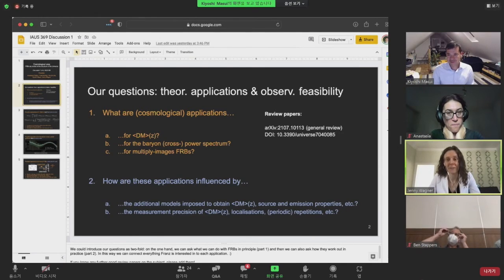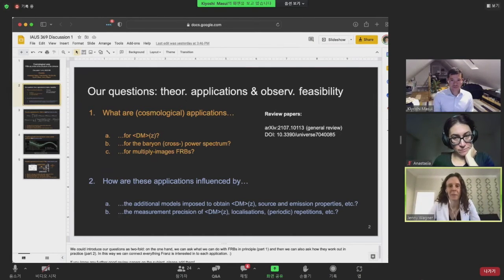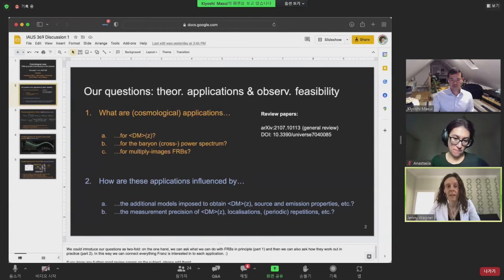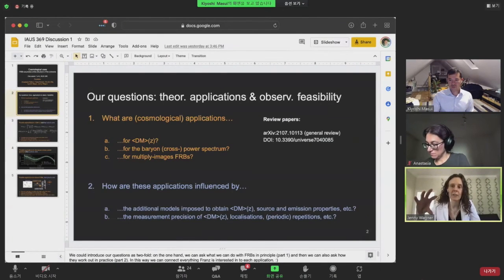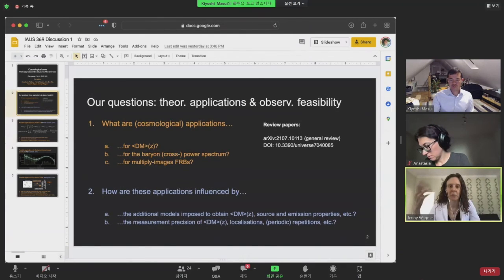We have to see what are feasible applications and how precise and accurate we can get with the different topics that we listed: for instance, the dispersion measure over redshift, the baryon cross power spectrum, and the multiply imaged FRBs. So we saw these three main applications of FRBs for cosmology. We would like to discuss in how far all these applications have systematic issues and also statistical issues that we should tackle in order to get the most precise and accurate estimates for our results.